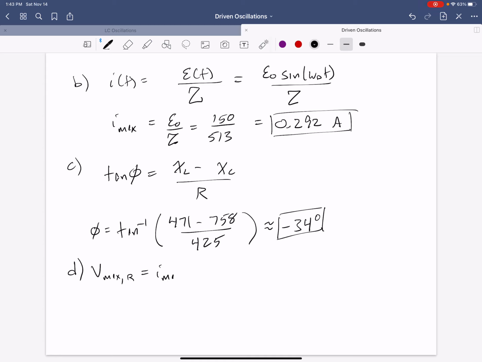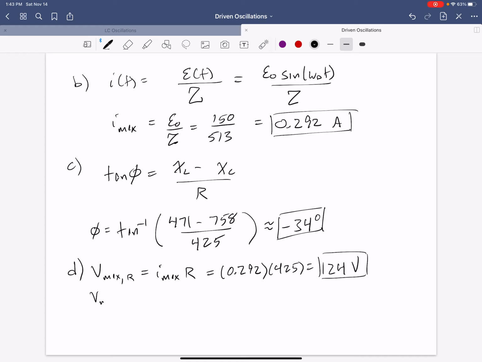V equals IR, which means we need the maximum current. Using Ohm's law, we found the maximum current before, so that's 0.292 times the resistance. And this gives us a value of 124 volts.